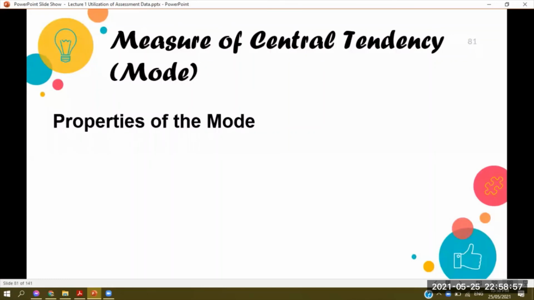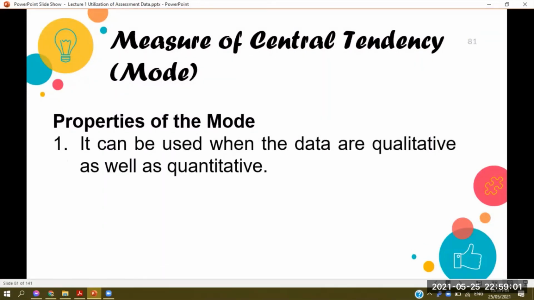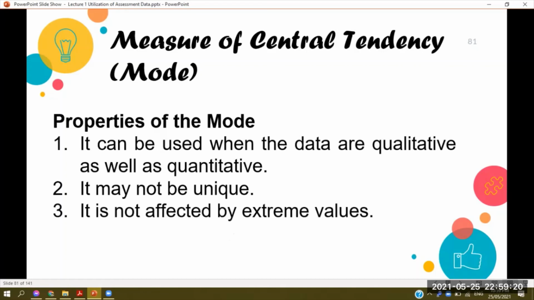Right after that, the properties of the mode. Number one, it can be used when the data are qualitative as well as quantitative. So kahit anong klaseng data yan, you can use mode, no? Number two, it may not be unique. Ibig sabihin, probably the value is really part of the data set, somewhat like that. Number three, it is not affected by extreme values.